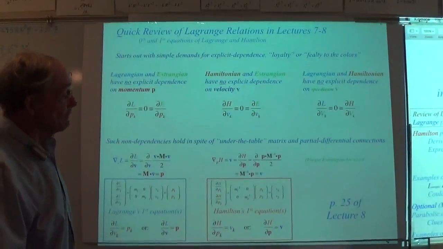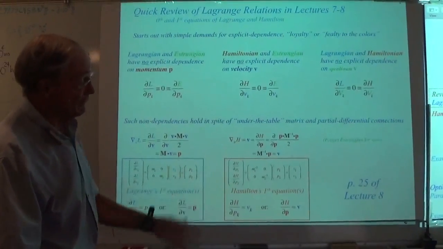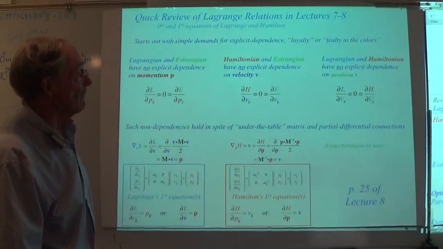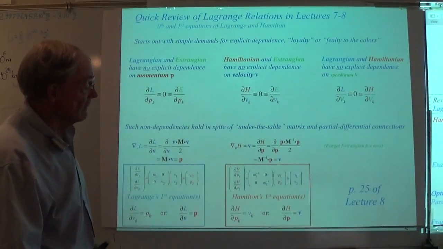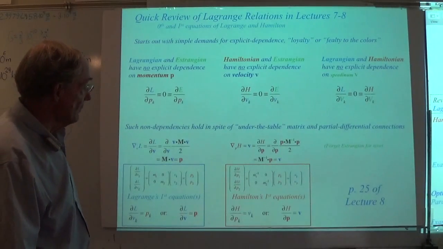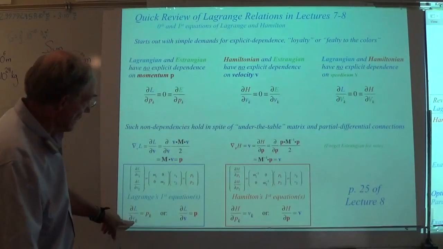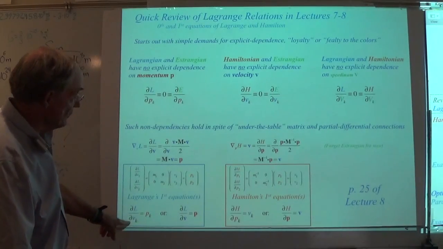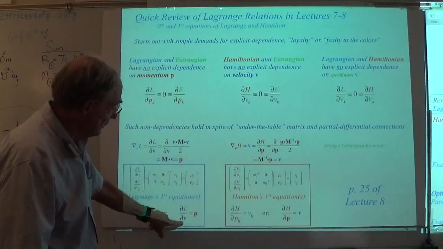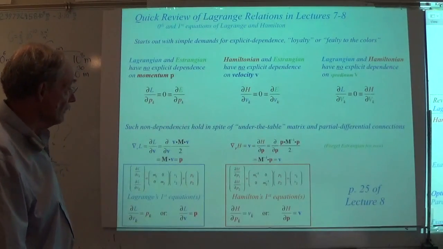The zeroth and first equations of Lagrange and Hamilton are taken care of already, and that's what we did last Tuesday. And the basic idea of having a partial derivative of L with respect to velocity, either in indicial notation or in the Gibbs vector notation, that's the form it has.